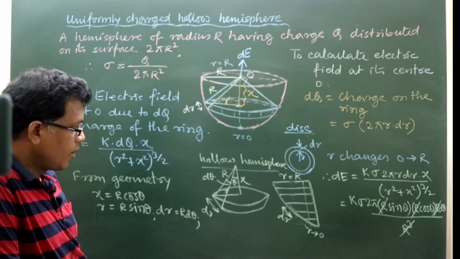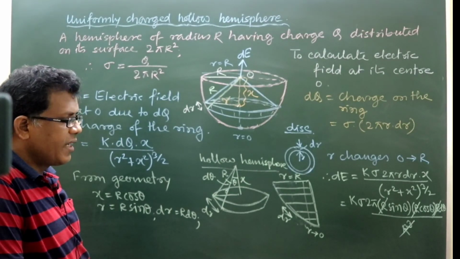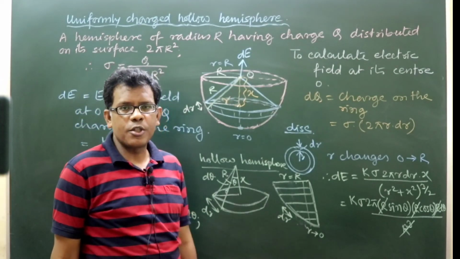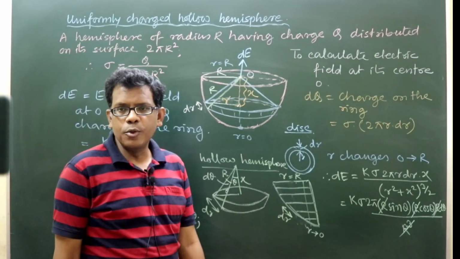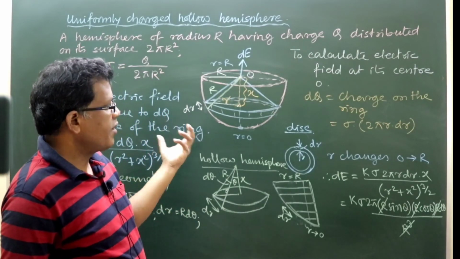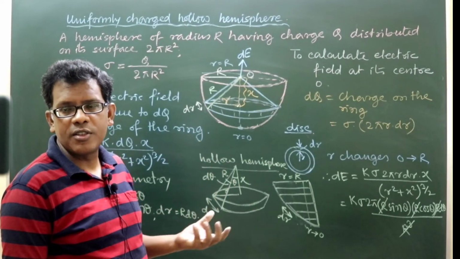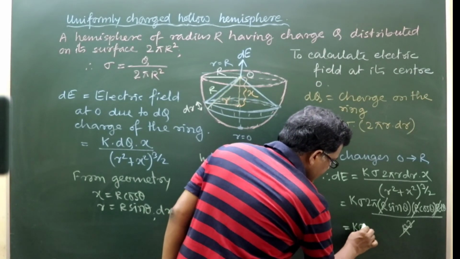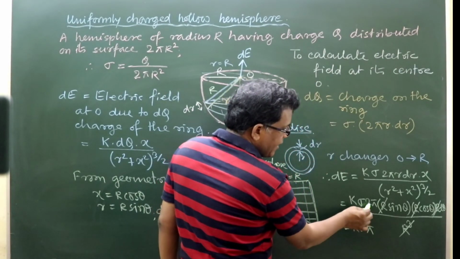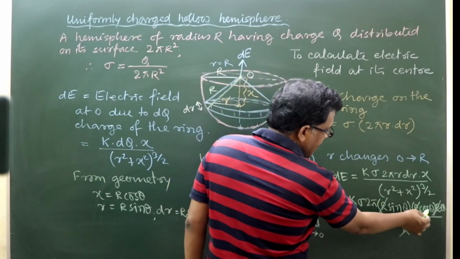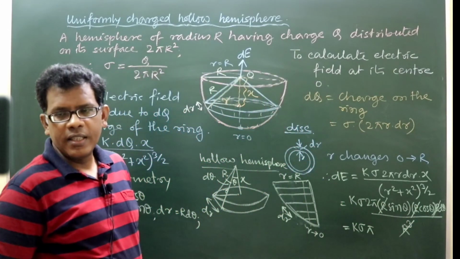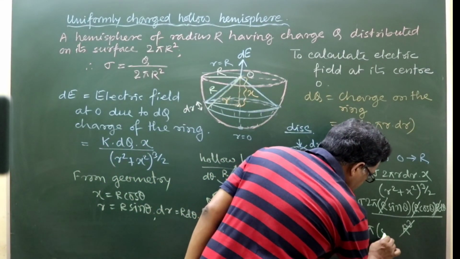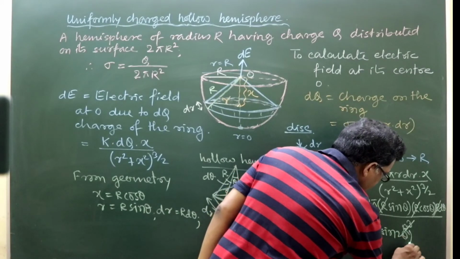Got it now? So the simplified expression of dE, the electric field due to the charge of one ring on the circumference of the hollow hemisphere, is k sigma pi. I will take the 2 multiplying with sin theta and cos theta, which can be written as sin 2 theta. So it will be k sigma pi into sin 2 theta d theta.